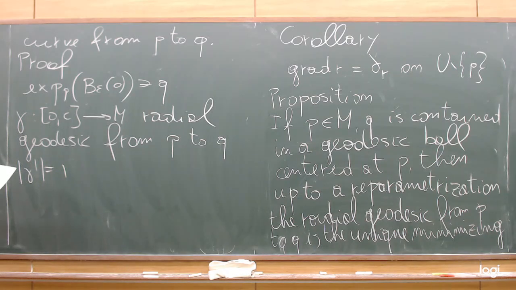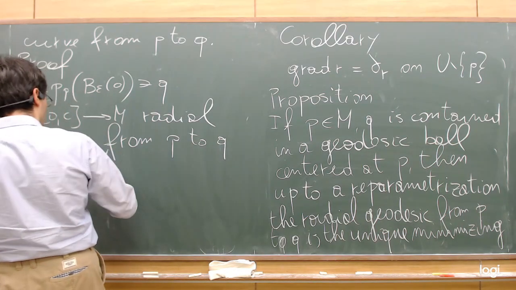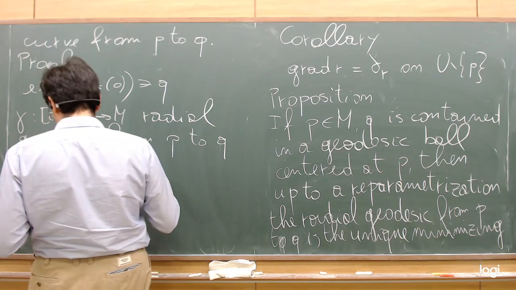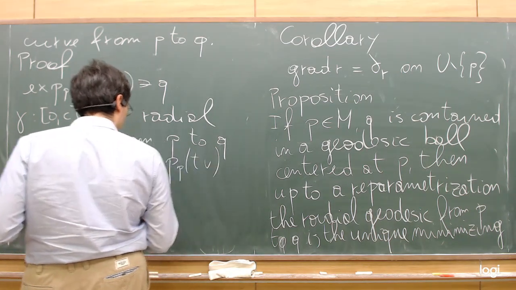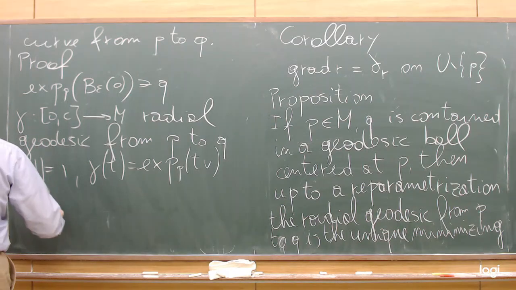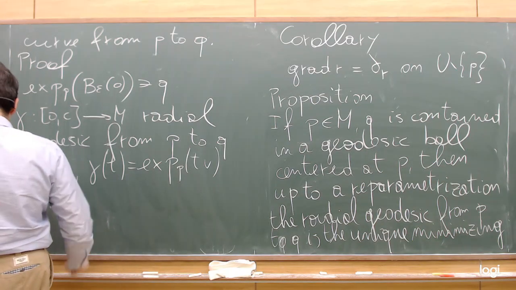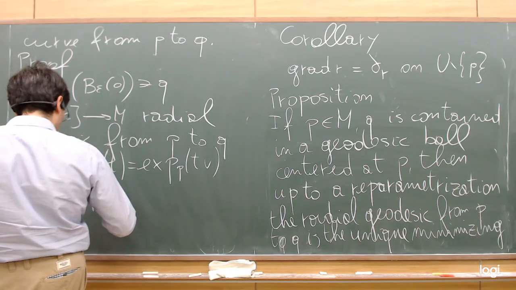So its length is 1, and suppose that it is given by this formula, where V is in TPM, and the length of V, of course, is 1.